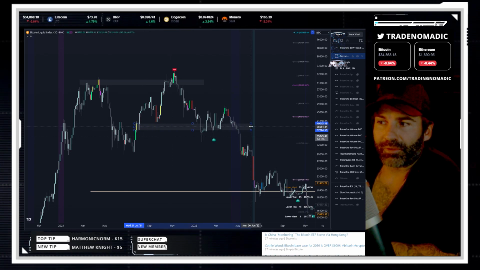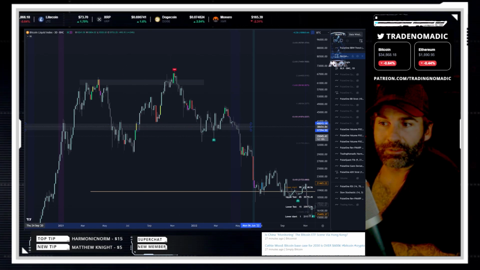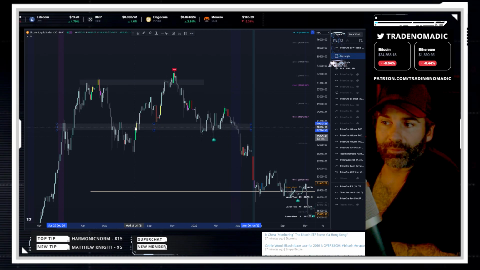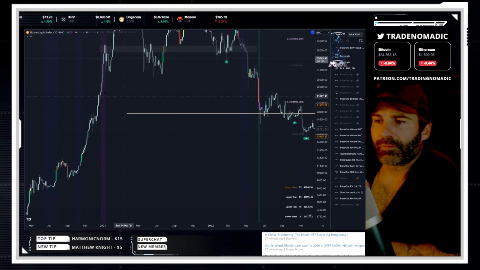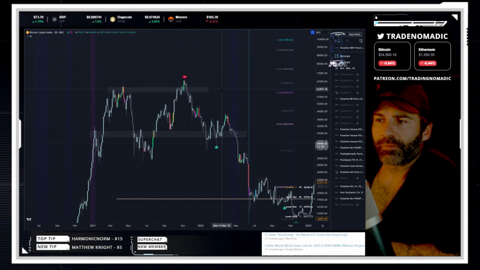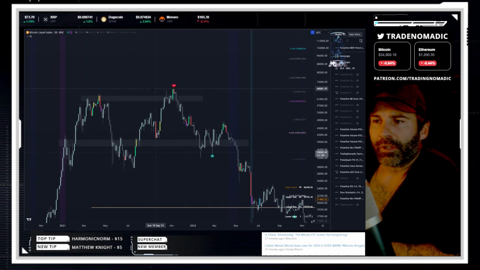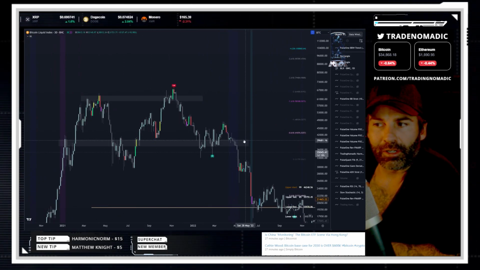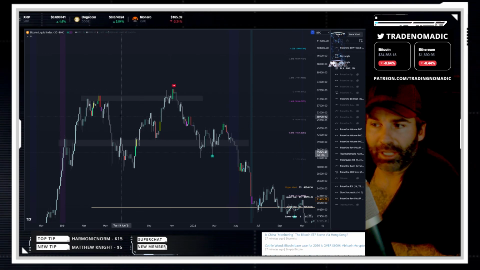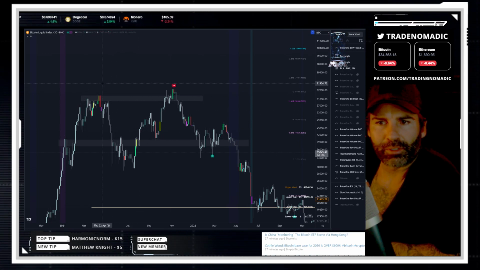So what you could do if you wanted is just extend these imbalances out. And then once they're collected, you consider that liquidity absorbed. Not always, but it's the general idea.